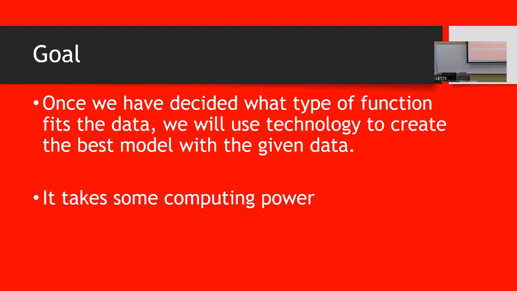You can do this by hand, but it takes an extreme amount of calculations. So it would take a long time if you had to do this by hand. That's why we almost always just utilize technology to get it for us.